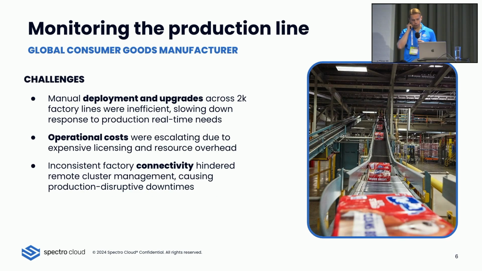When we look at production lines, it's a little different. Here it's about a monitoring application that monitors the state and can intervene in these different production lines. Again, it's Kubernetes based, everything is moving to Kubernetes, but these are 2,000 of these factory lines across, in this case, the US.